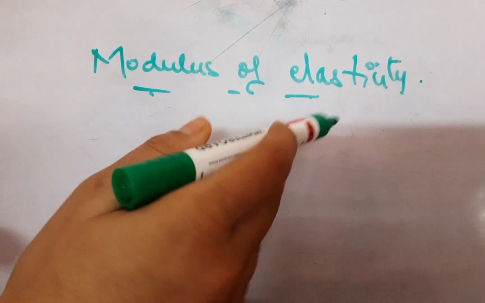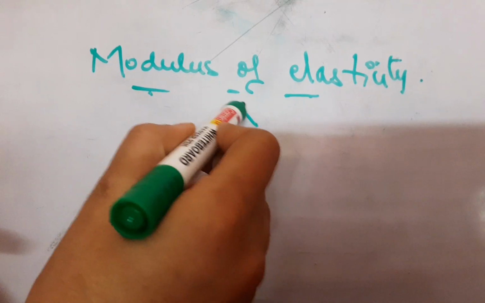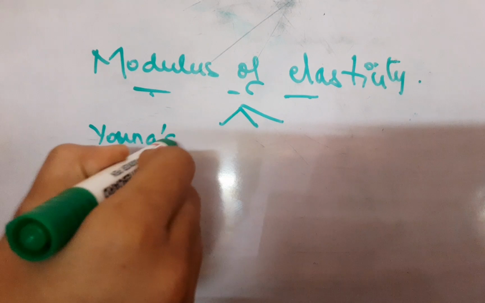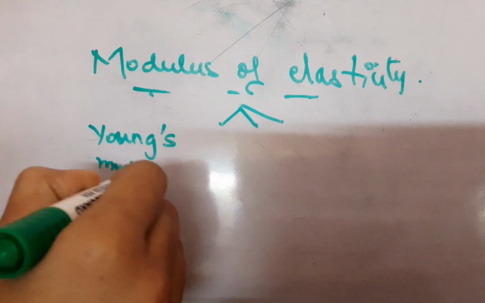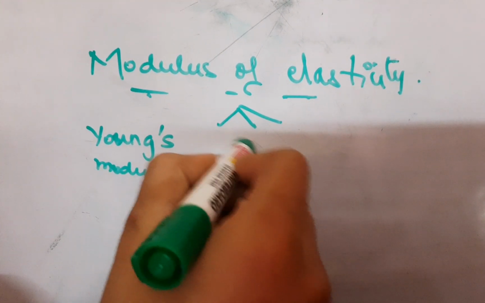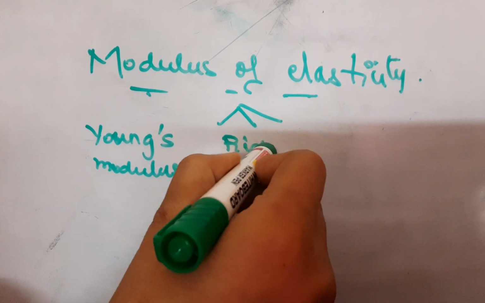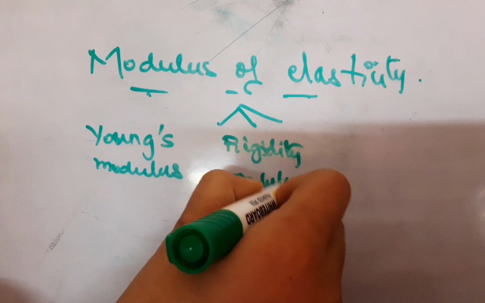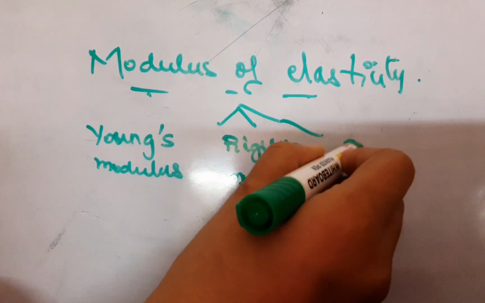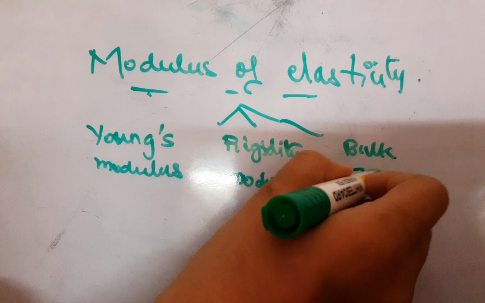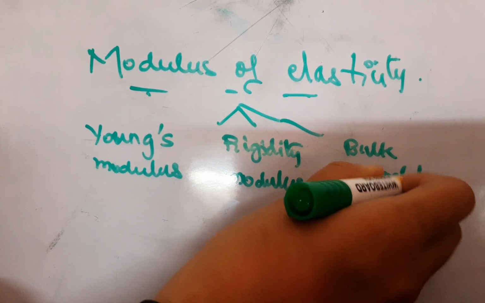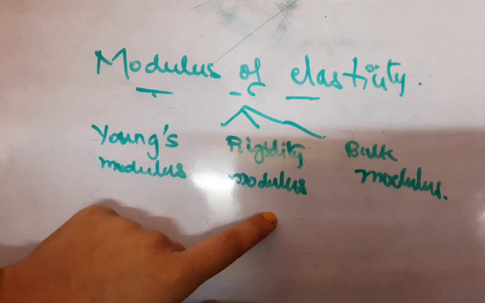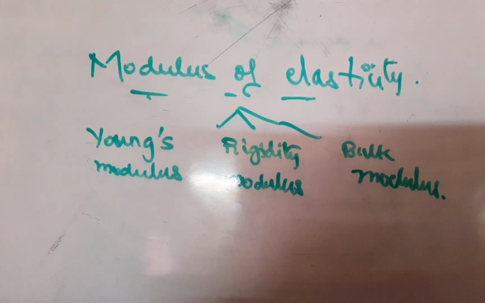So modulus of elasticity is of three types. One is Young's modulus, the second one is rigidity modulus, and the third one is bulk modulus.